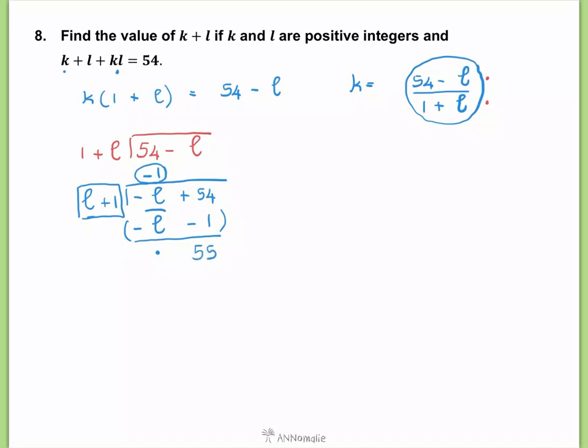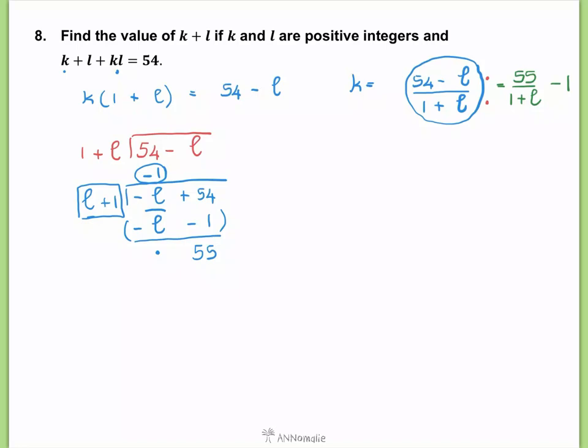So we can rewrite this as 55 over 1 plus l, minus 1. Now, we know that k is a positive integer.